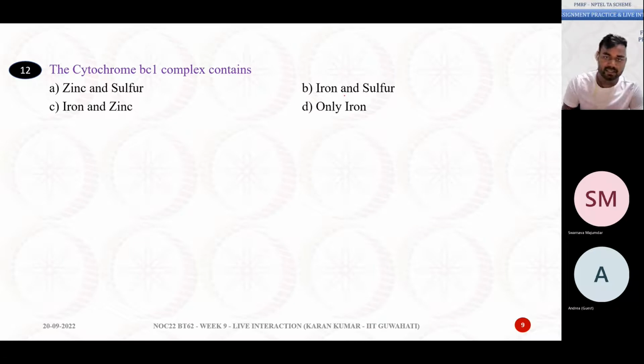Here the correct answer is iron and sulfur, because in cytochrome BC1 the main electron acceptors are the FeS clusters. If you remember the FeS cluster, normally they involve iron and sulfur, right?